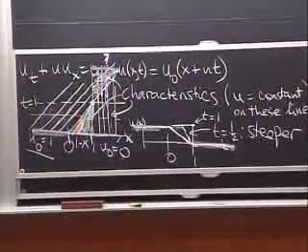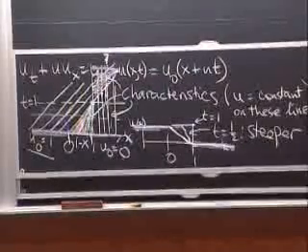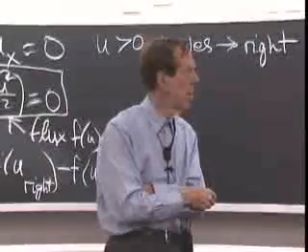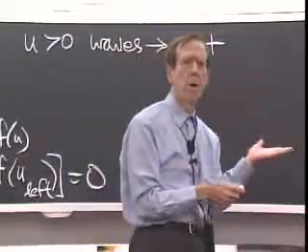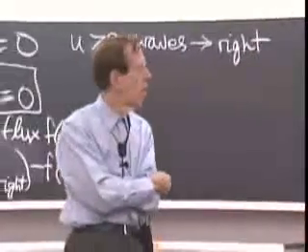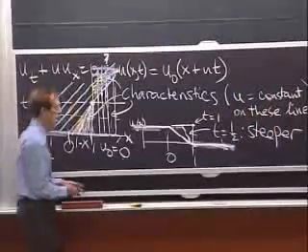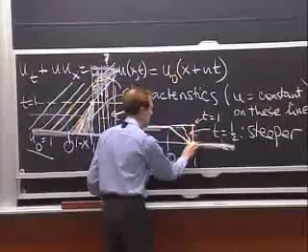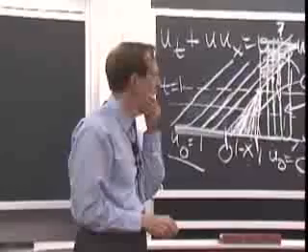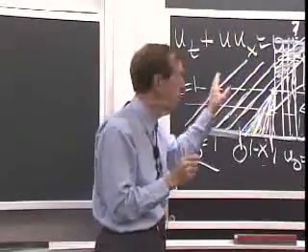Because my rule of following characteristics has led me to 2 answers, and we want a physically relevant answer. We're sort of expecting, and we'll see, that the answer will be a step function.